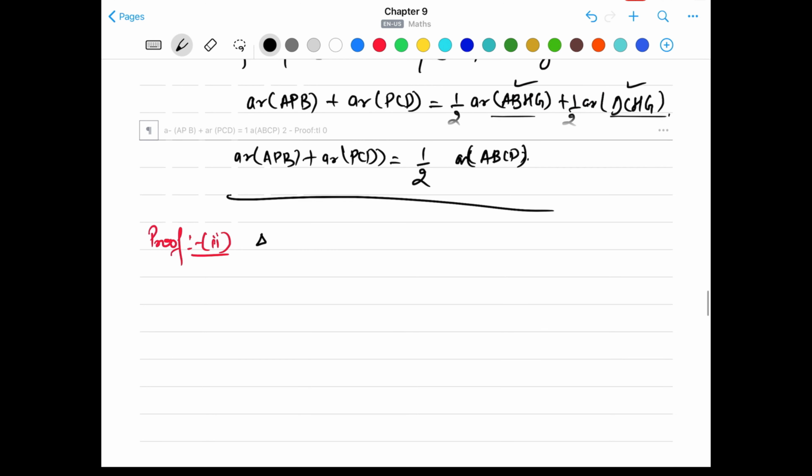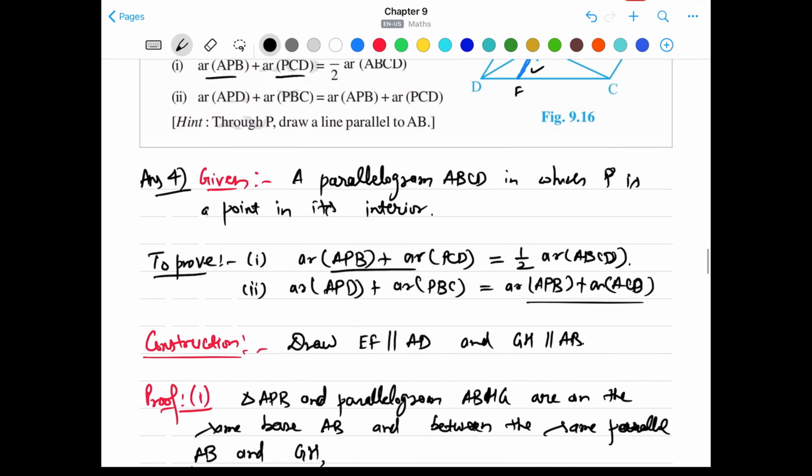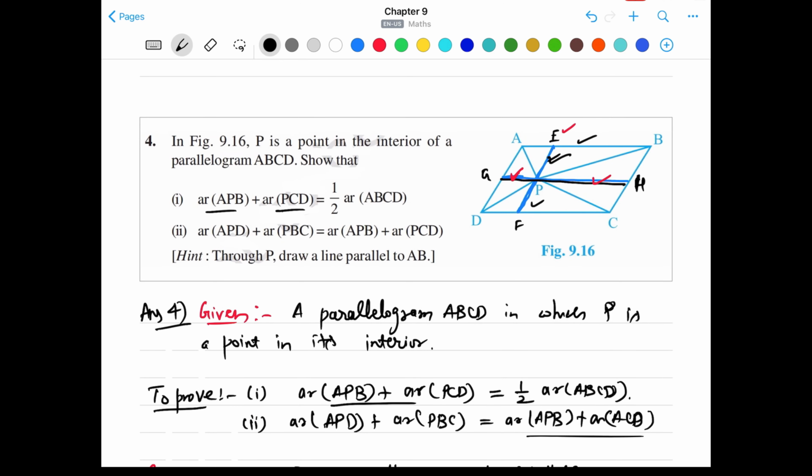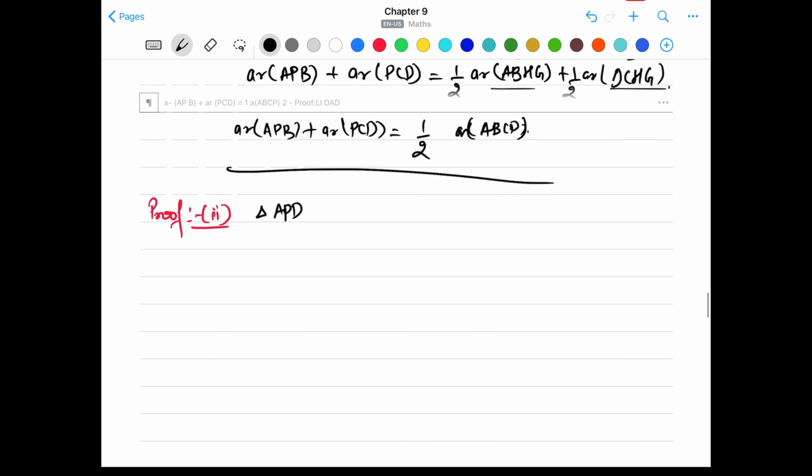The first triangle is APD, and the parallelogram is AEFD.